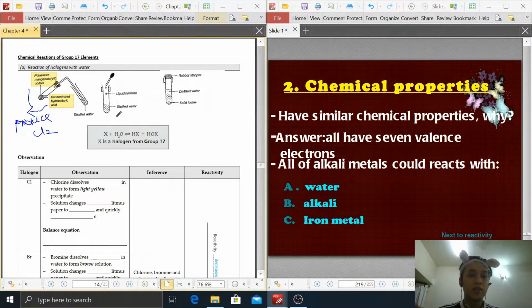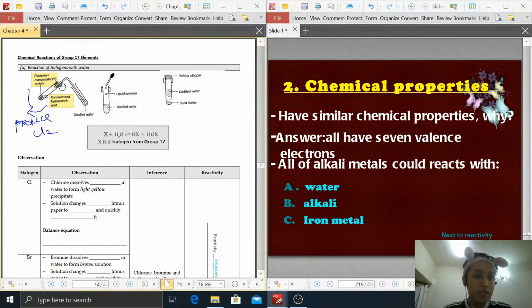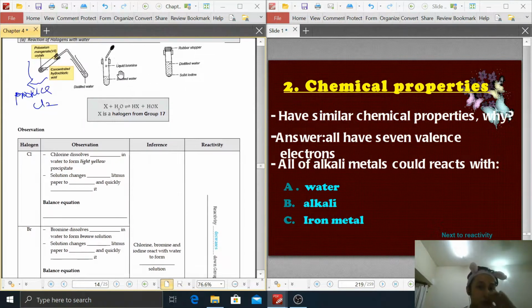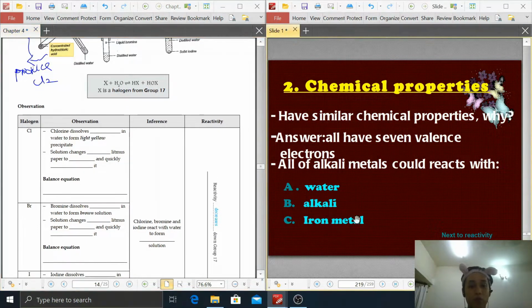If I want chlorine gas, I need to use a chemical reaction to produce it. The two substances you use to produce chlorine gas are potassium manganate crystals and concentrated hydrochloric acid. If you mix these two, they are going to produce chlorine gas. Then liquid bromine and solid iodine. So this is the reaction with water.